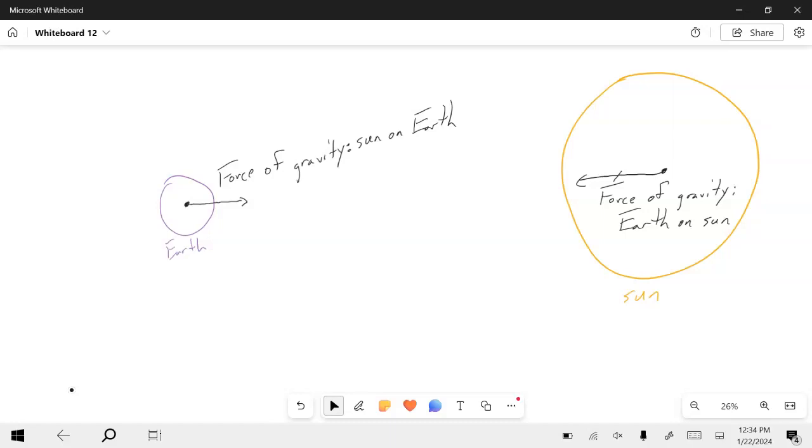Okay, I'm going to indicate that I've tried to draw those the same size, and this is the part where your brain might not like it, and it might try to throw some information into the recycle bin because it doesn't fit into what we think about the universe. But the earth is pulling on the sun just as hard as the sun is pulling on the earth. Okay, gravity is no different than those other forces. If we have one force of gravity, so the sun's pulling on the earth, which we know it does to keep us in orbit around the sun, then we have a pair, meaning that the earth is pulling back on the sun with the same exact amount of force.